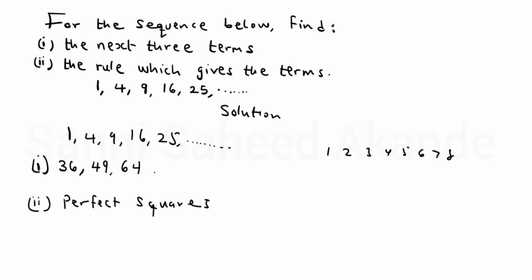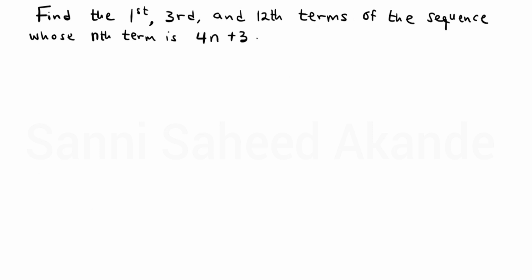Now another question says find the first, third and the 12th terms of the sequence whose nth term is 4n plus 3. Solution. When you see this type of question, just make use of this algebraic expression given to you to find the first term, the third term and the 12th term.